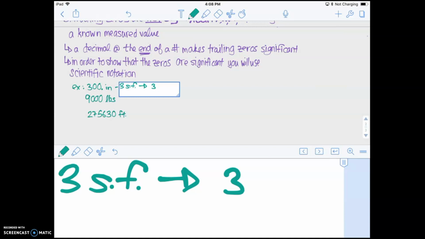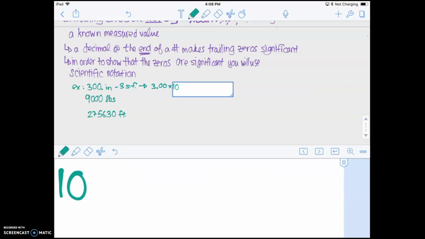Well, we move the decimal over and include the zeros. We say, well, this is 3.00 times 10 to the, and we moved that decimal over twice, right? So times 10 to the 2. I'm going to make that a little bit clearer. And so that's how we would show it. And then, of course, include our units.